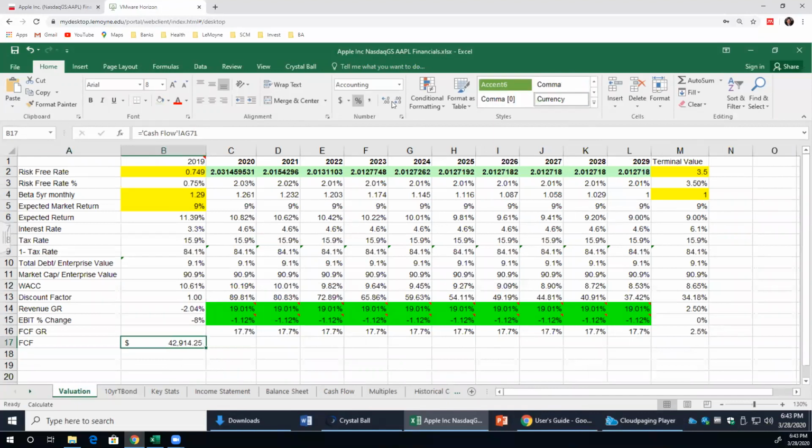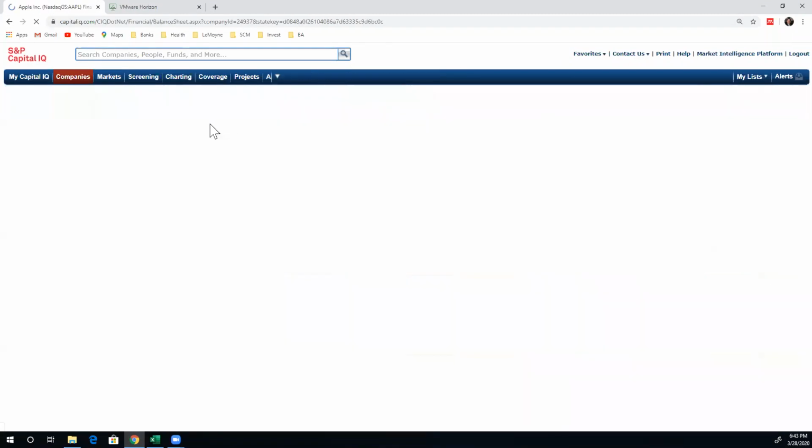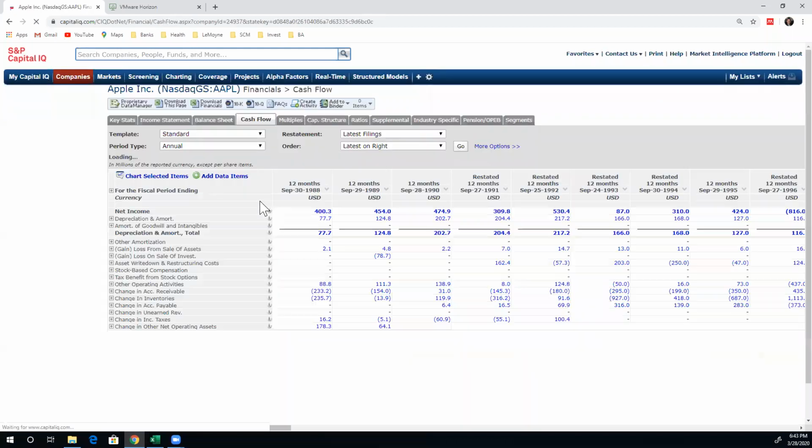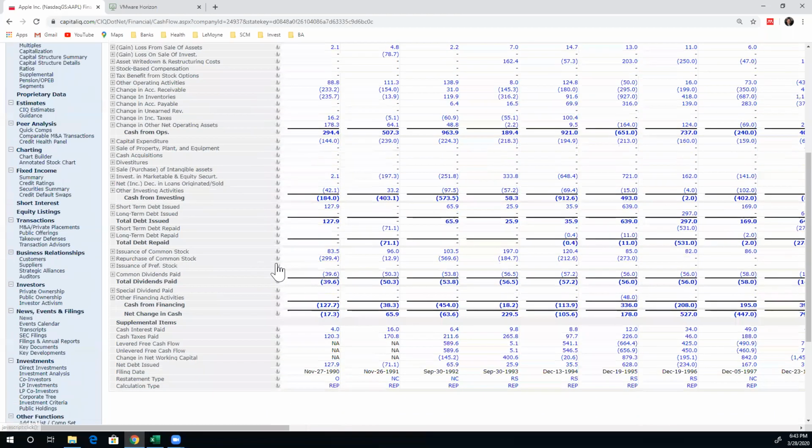Okay, so now I have a disagreement with this number. Why? When you go to Capital IQ and click on the cash flow statement, one thing that's good with Capital IQ is that if you don't know any of these terminologies, you can click the I symbol right next to it to figure out what it is. So I'll scroll down under the cash flow statement. You see this levered free cash flow.